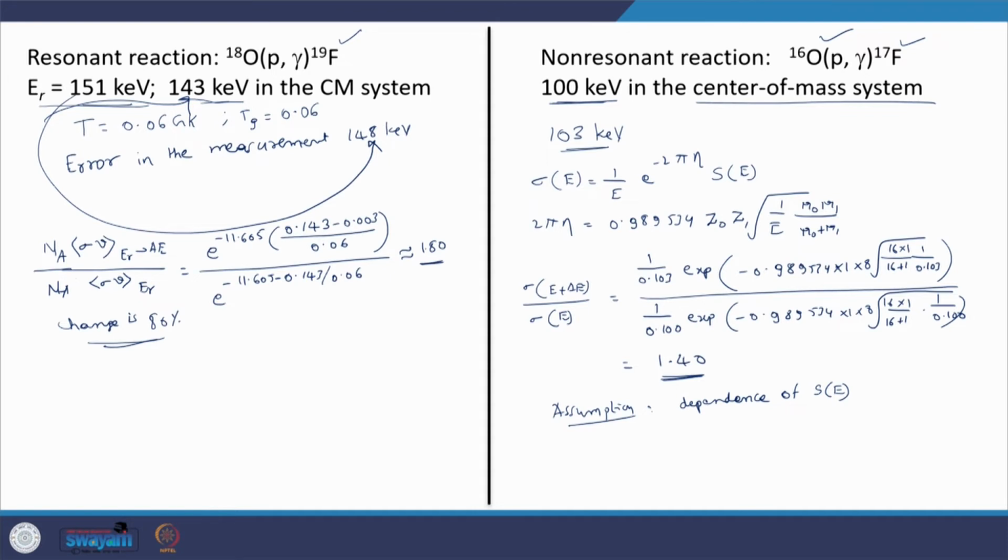So, while doing the calibration of the particle accelerators, it is very important to ensure excellent accuracy in the projectile energy. So, this is all about particle accelerators and the beams, what should be its diameter, what should be its resolution, what should be its accuracy in the energy, all these things we have discussed until now.